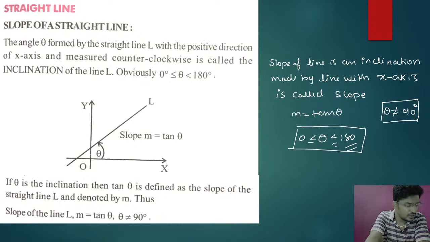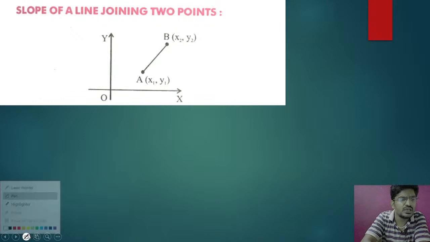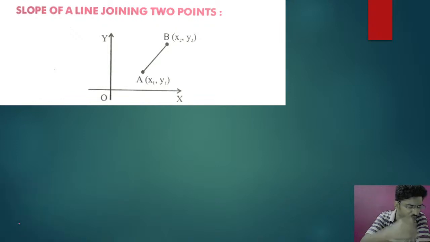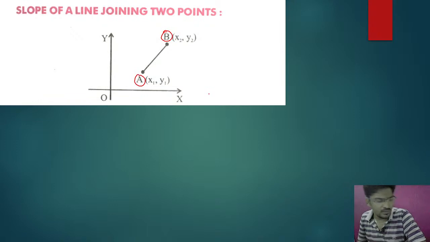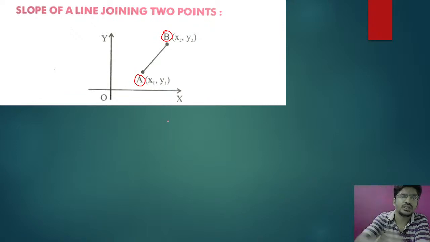Okay. Now let us go for slope of the line joining 2 points. So here you can see 2 points are given, that is A and B. So using this A and B, now we are going to write the slope, that all of you already know.